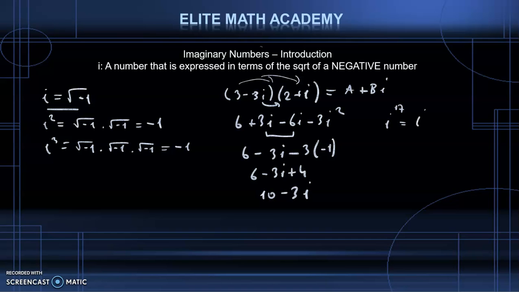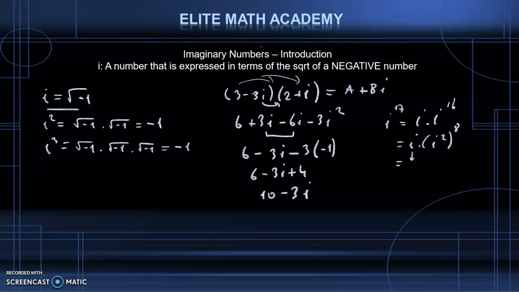I'm going to break it down as i times i to the power 16. If we further break down i to the power 16, this will be i squared to the power 8 from rules of exponents. Now, i will stay the same.